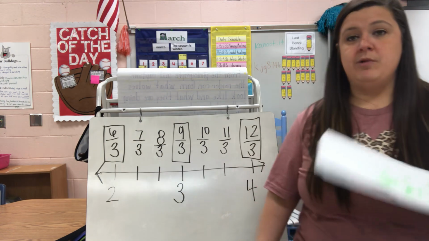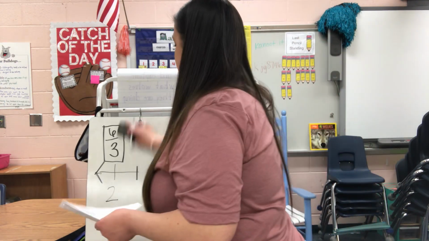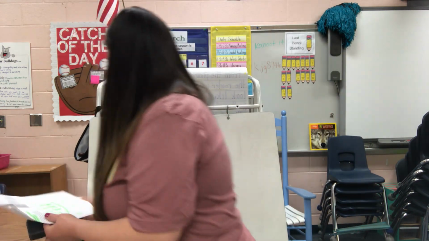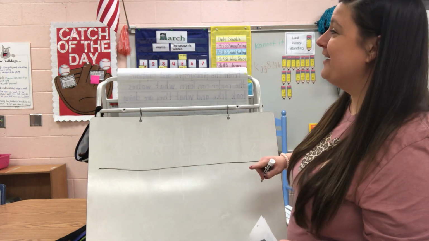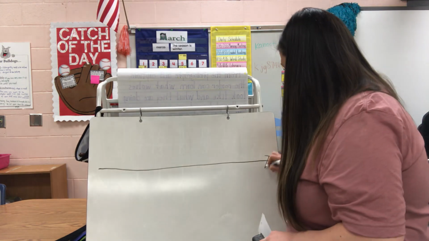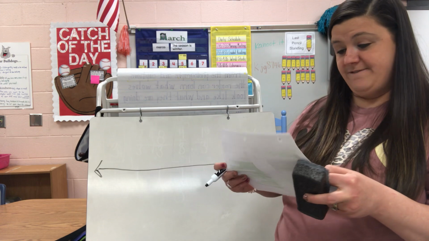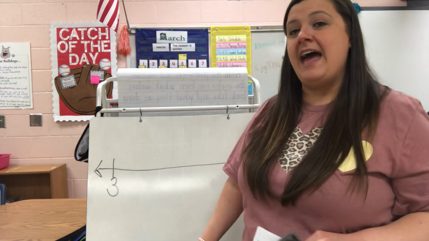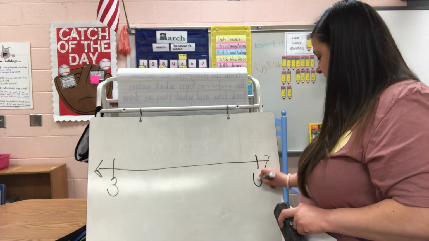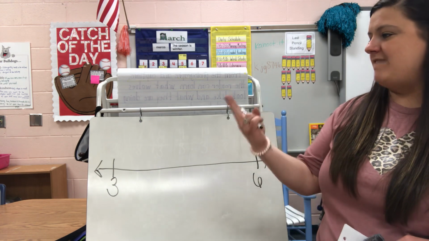Let's do one more together before you're ready to work on your packet work this week. Let's draw another number line. We're going to have our first endpoint at 3, and then our last endpoint will be at 6. 3, 4, 5, 6.